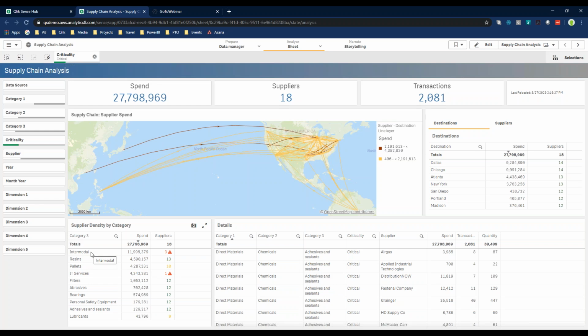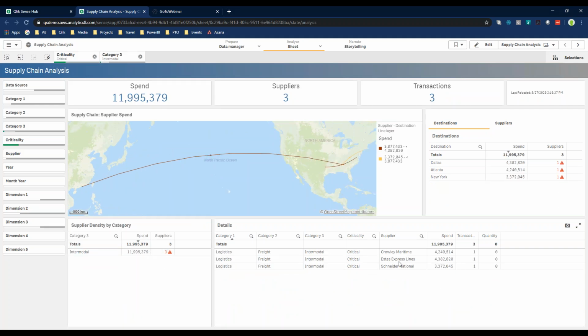So for example, in my intermodal category, I really only have 3 suppliers that I'm utilizing. In this case, I'm utilizing Crowley Maritime, Estes Express, and Schneider National. Where can I look to supplement these suppliers if there's an issue? And where is it going to affect my business?